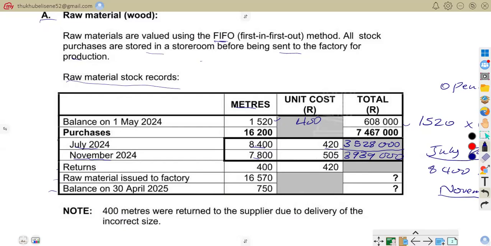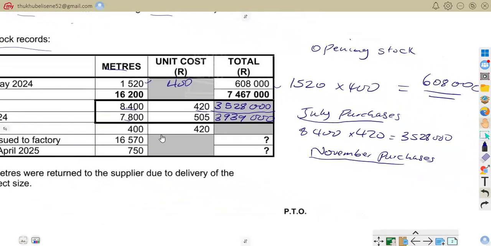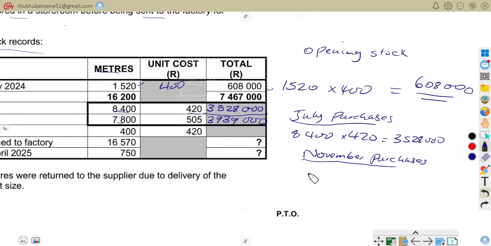That is what I'm saying, good people. We are saying we have 7,800 multiplied by 505, which is our unit cost. Then it will give us 3,939,000. So this is our November purchases.